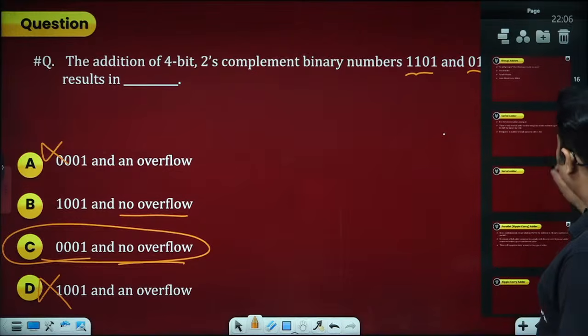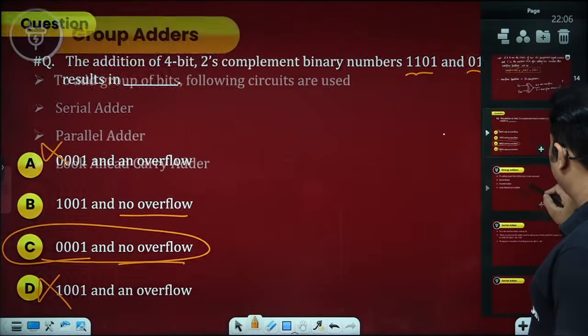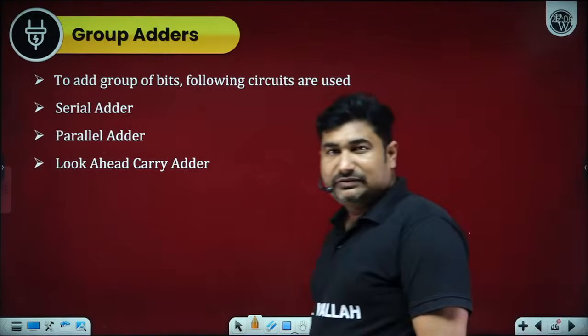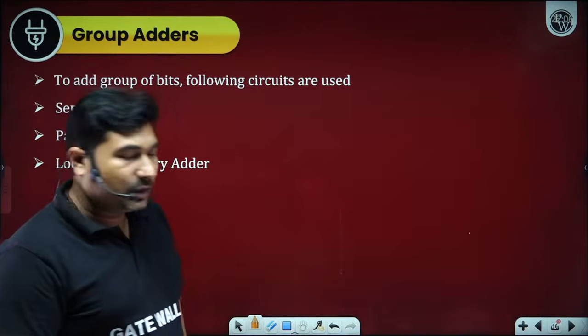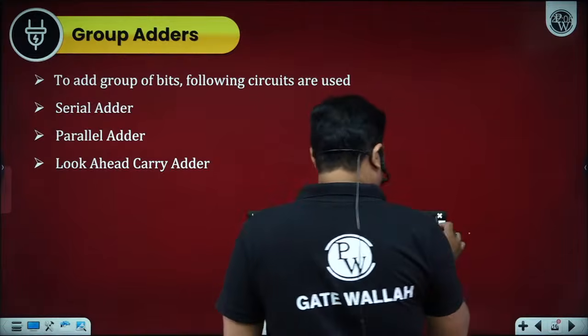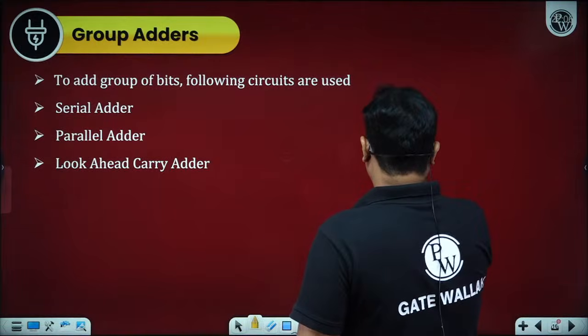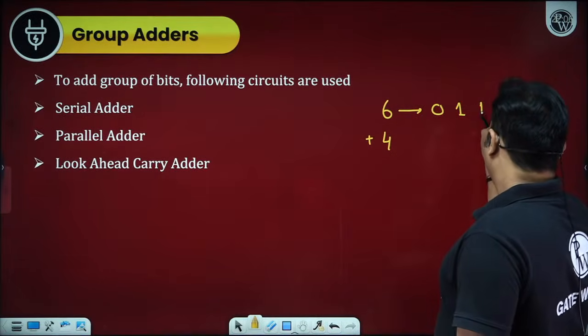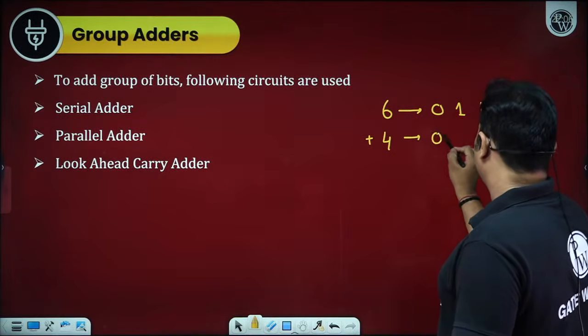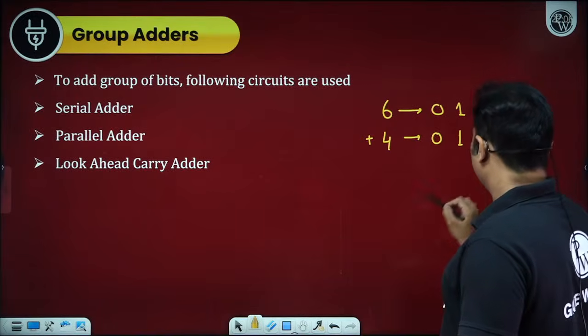Now please observe. First, let us talk about group adders. We are interested in adding groups of bits. Suppose I want to add 6 and 4. So 6 is 0110 and 4 is 0100.